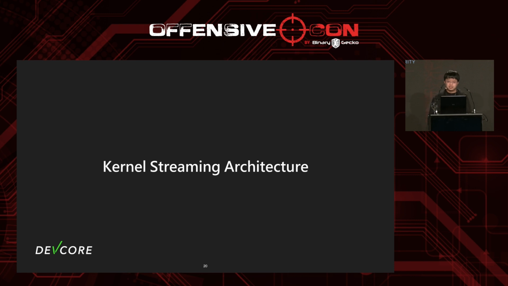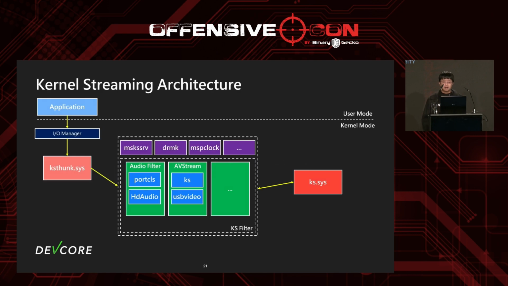After understanding the functionalities of kernel streaming, we need to understand the architecture and how Windows implements it to find vulnerabilities. Following our analysis, the overall architecture looks like this diagram. After you send an IOCTL request to the KS device, these are the drivers that might handle your input.